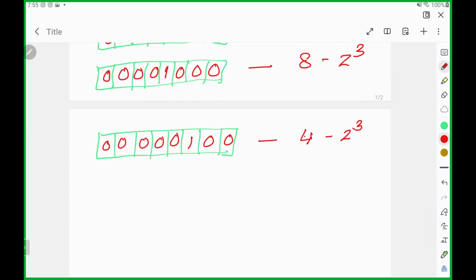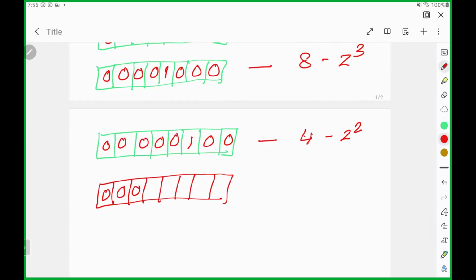Oh, sorry, 2 to the power 2. And then we can have the other two. Sorry, I need to do it quickly. So 0, 0, 0, 0, 0, 0, and then 1, 0. So that will be 2, and I can write that as 2 to the power 1.